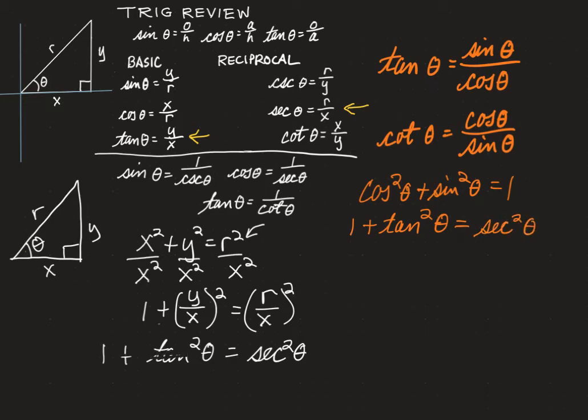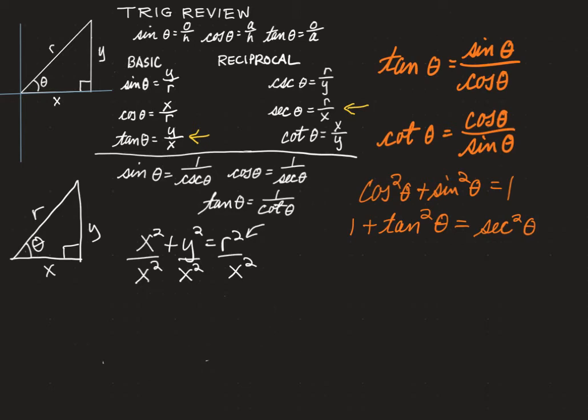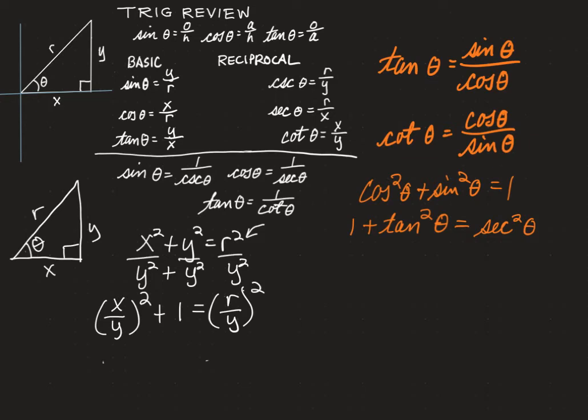We've divided by x squared. We have divided by r squared. Let's go back and divide by y squared and see what that gives us. That produces x over y squared plus y squared over y squared is equal to 1. And then we have r over y squared.